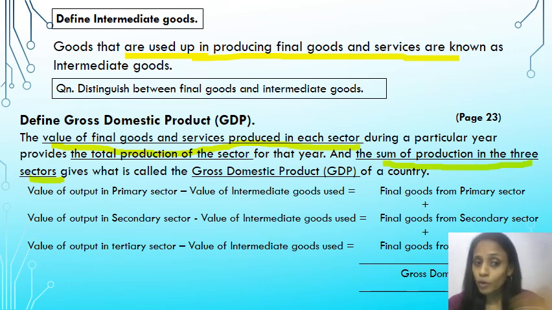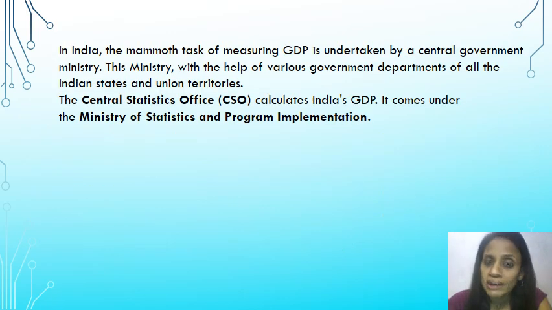Second line, value of total output produced by the secondary sector minus the value of raw materials or intermediate goods used by them is equal to final goods from the secondary sector. And value of output in the tertiary sector minus any value of intermediate goods used is equal to final services from the tertiary sector. If we add all the final goods from primary, secondary and tertiary, we get the gross domestic product.